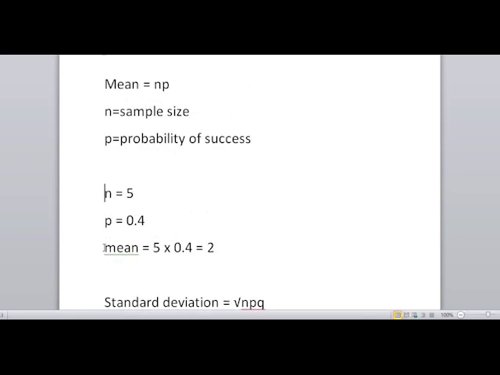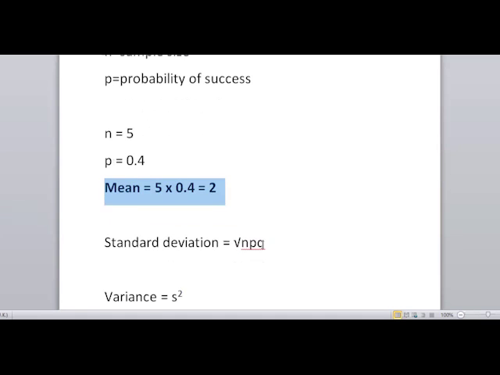Then standard deviation is given by the square root of n multiplied by p multiplied by q, where n is the sample size, p is the probability of success, q is the probability of failure. So you have everything in your question.